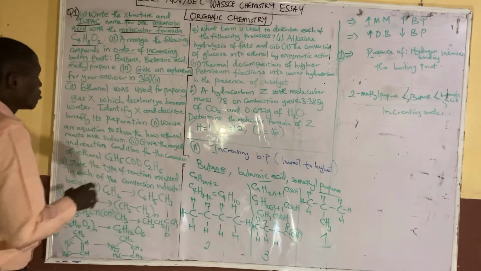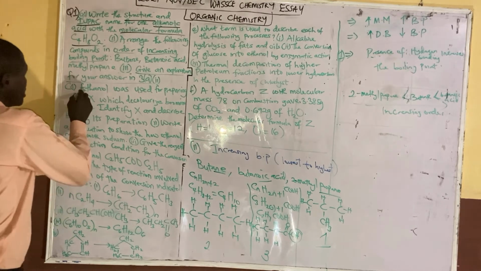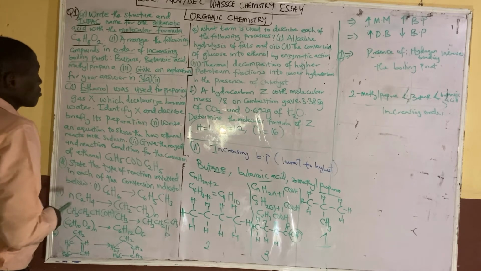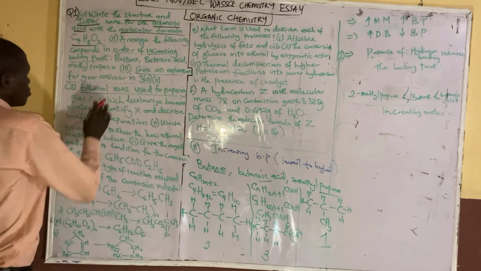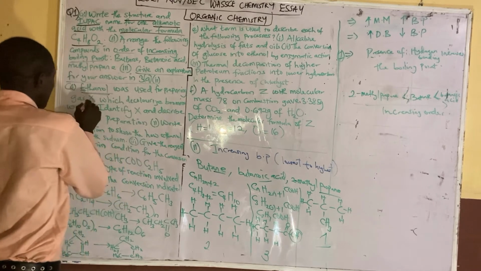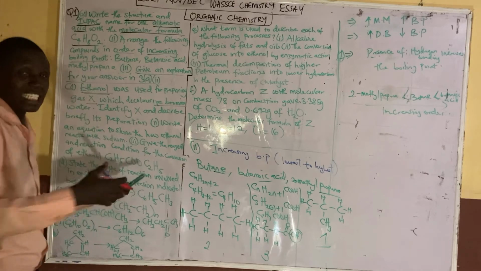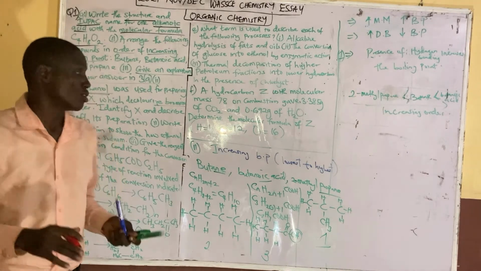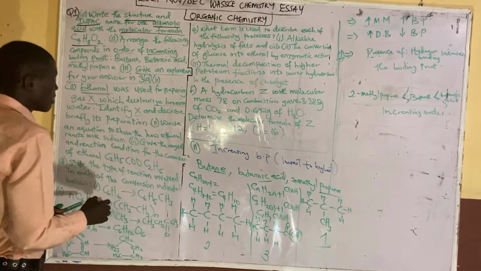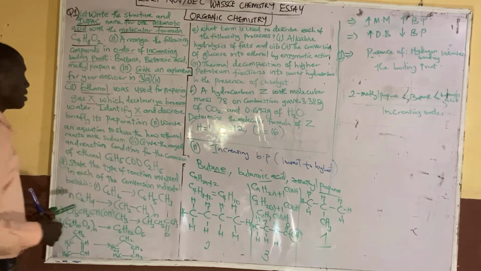So now let's move to the next question, which is question number 3. Ethanol was used for preparing gas X, which decolorizes bromine water. It changes the color of bromine water. Identify this X, and briefly explain its preparation.